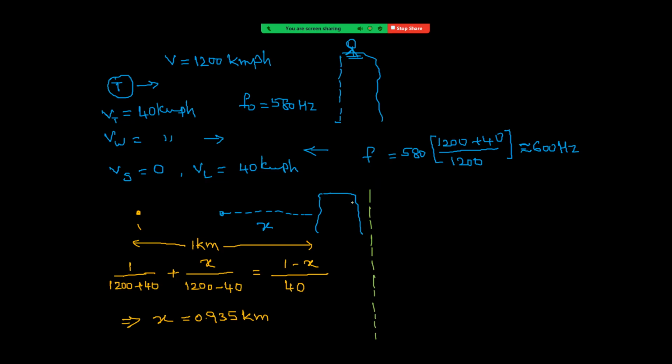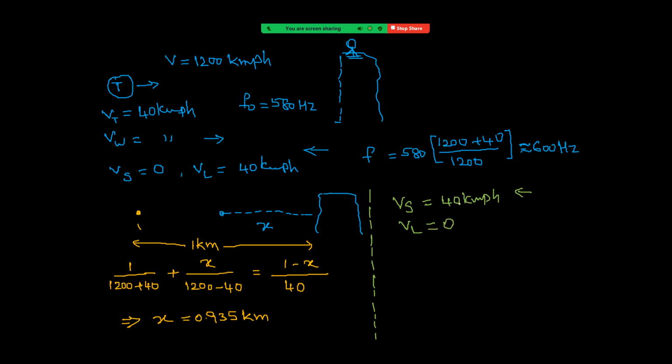Therefore, I'm calculating first the velocity of source. In this case, the source is the hill because the sound is reflecting from the hill, and the hill's velocity with respect to medium is 40 kmph, and the direction is left side. And with respect to medium, the velocity of listener, the train driver, is zero.